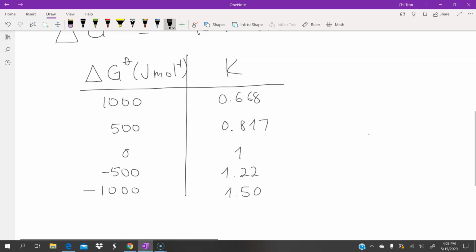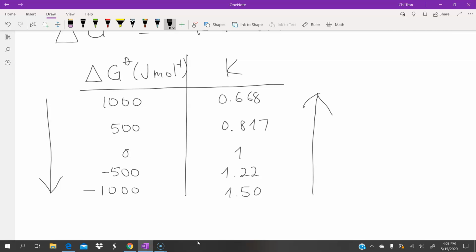So we can see a clear correlation that when we decrease Gibbs free energy, our equilibrium constant will increase. And you can see that it changes at a Gibbs free energy of 0.